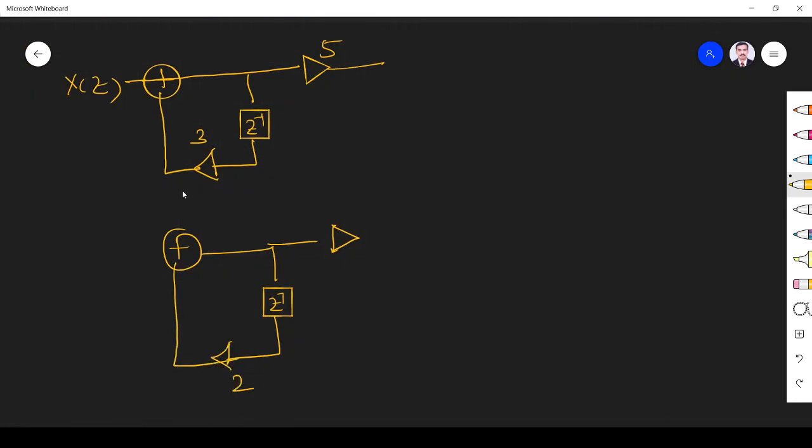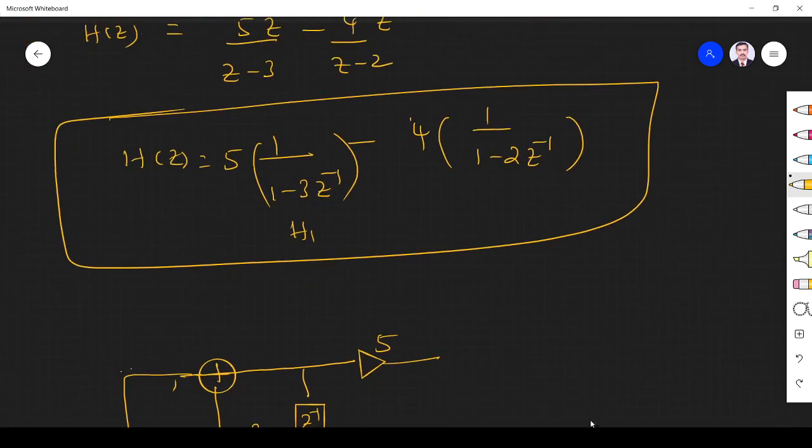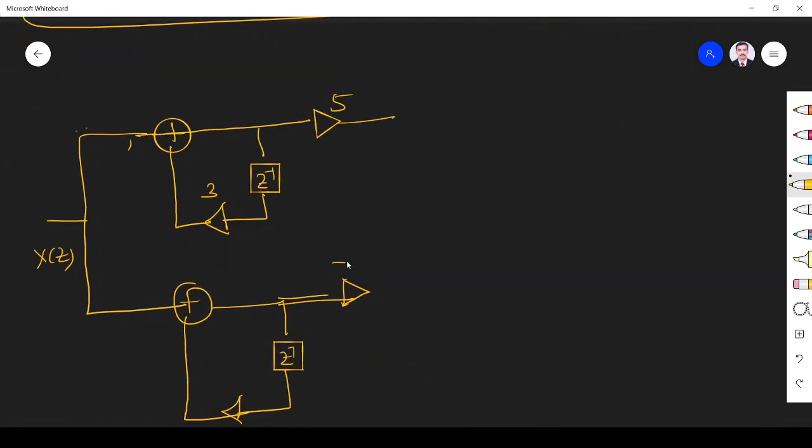This is our X(z). X(z) must be common for both, and these two outputs must be added. So I put minus 4 here. These things must be added. So add it, and what you get is Y(z).